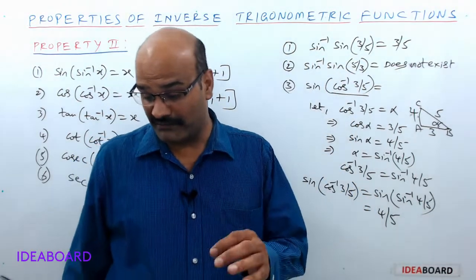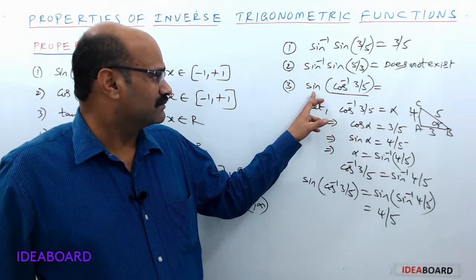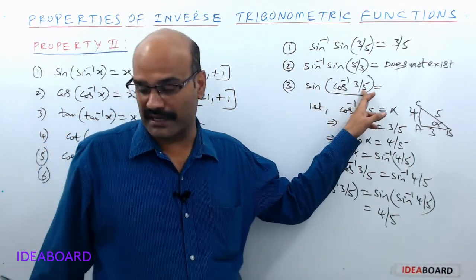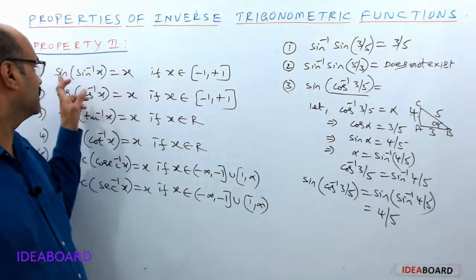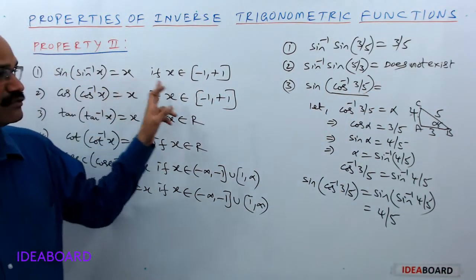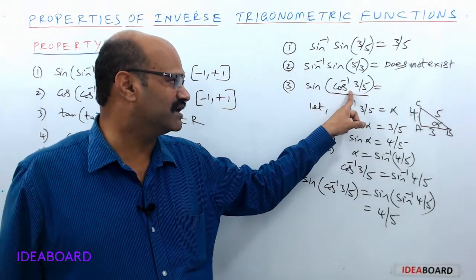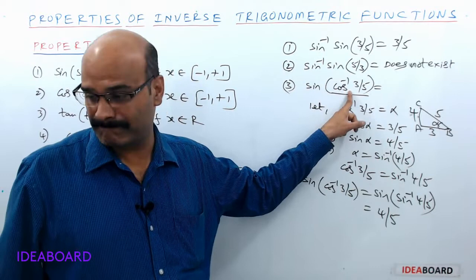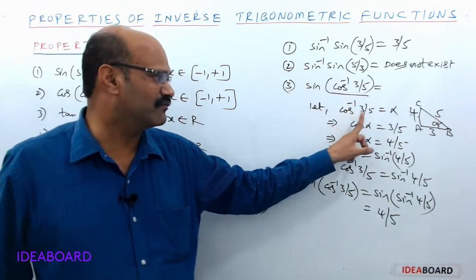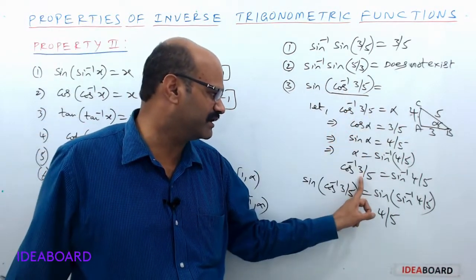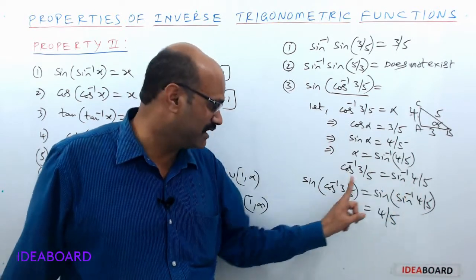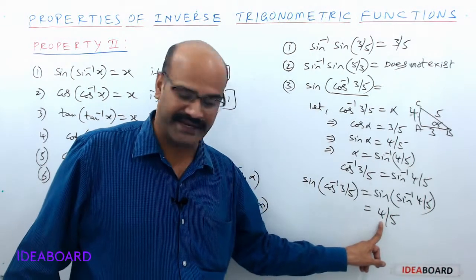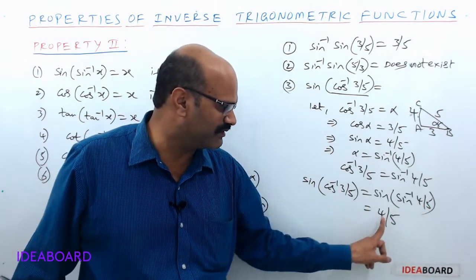So whenever the given problem is in the form of sin of cos inverse of 3 by 5, according to the formula sin of sin inverse of x equal to x, we should convert cos inverse of 3 by 5 in terms of sin inverse. For that we should take it equal to alpha and then convert in terms of sin inverse. Then we apply the formula sin of sin inverse of x equal to x. Here in the place of x we are having 4 by 5.